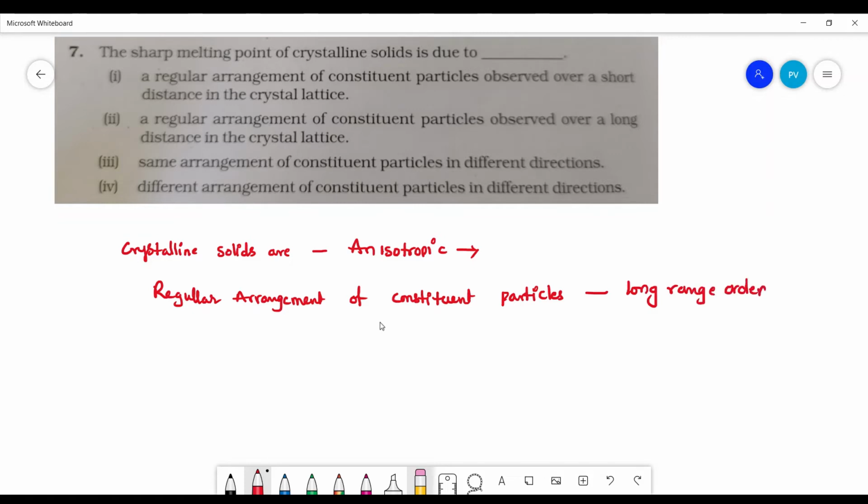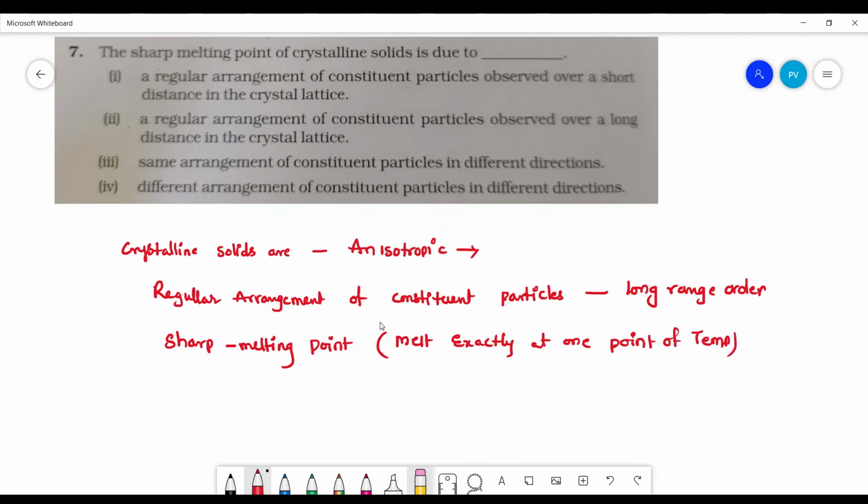Due to this reason they have sharp melting points. What is a sharp melting point? They melt exactly at one temperature. So the answer is option 2.